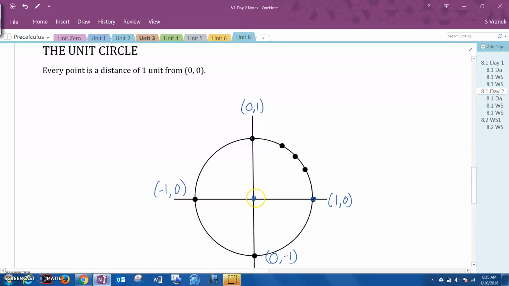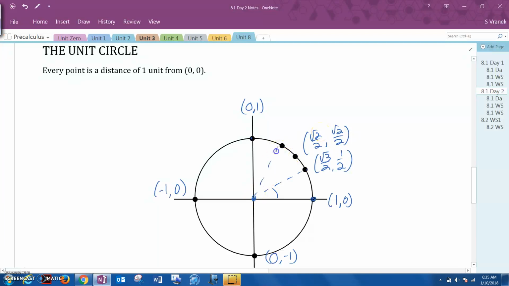Then we have our 3 main reference angles in the unit circle. We have the 30 degree, and if you remember correctly, you have the x value of √3/2, 1/2 for the y value. At 45, you have √2/2, √2/2. Remember, at 45 degrees, both the x and the y are the same.